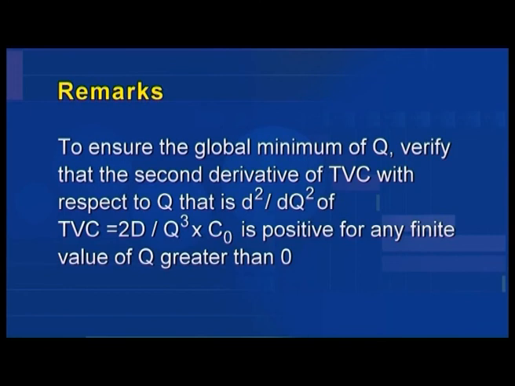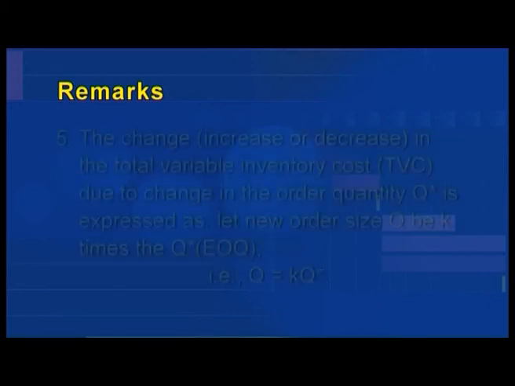To ensure the global minimum, verify that the second derivative of TVC with respect to Q, that is d square by dQ square of TVC, is equal to 2D by Q cube into C naught, which is positive for any finite value of Q greater than 0.